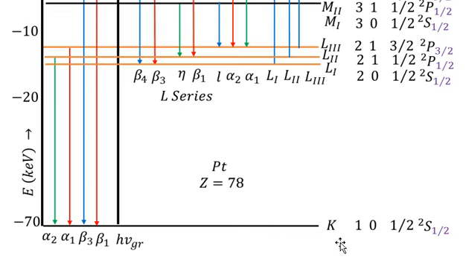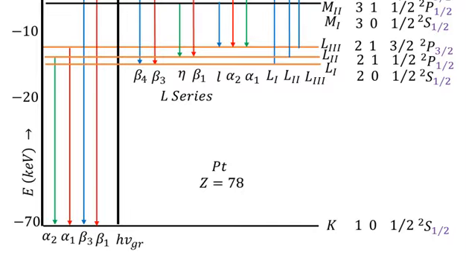And similarly, for the K shell, I have given the set of quantum numbers: 1 is the principal quantum number, L is the orbital quantum number, 1/2 is the value of the total quantum number J of the atom, and 2S 1/2 is actually the energy term for the K shell.